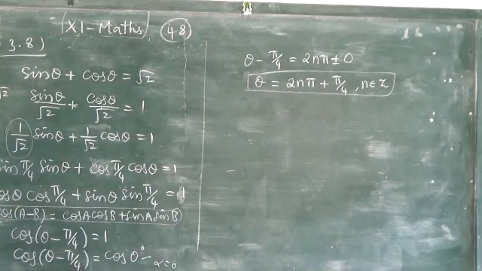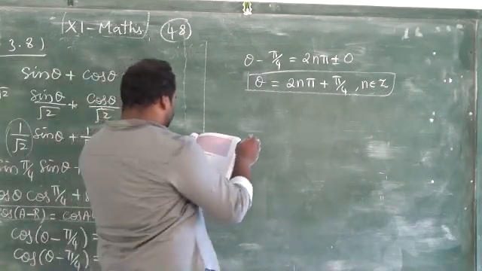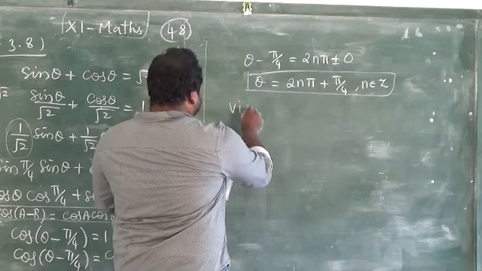Next, question number 7 is also the same as that. Question number 8 also the same. Here we have some changes in questions number 7 and 8, so I will just give you some ideas.